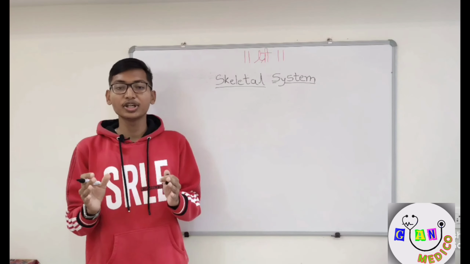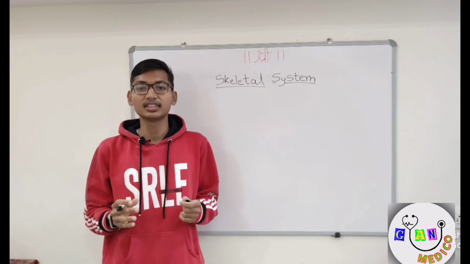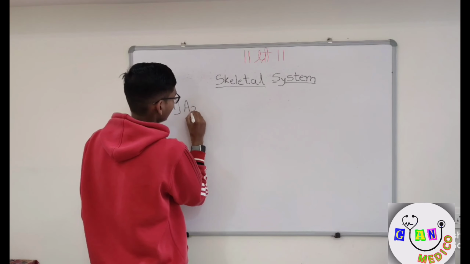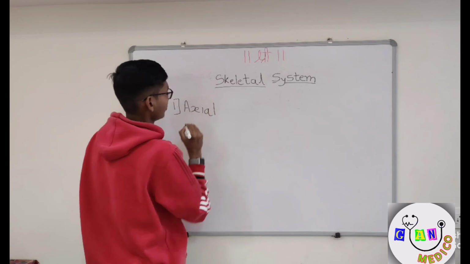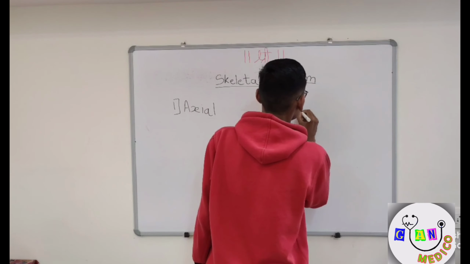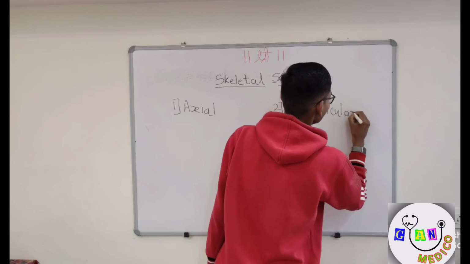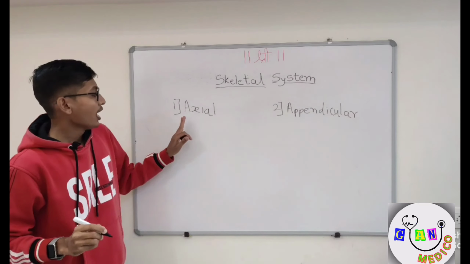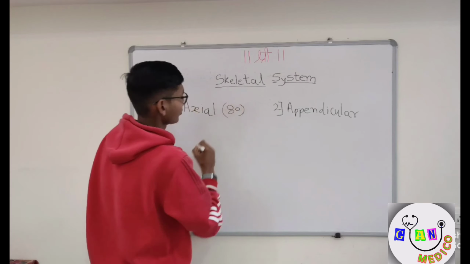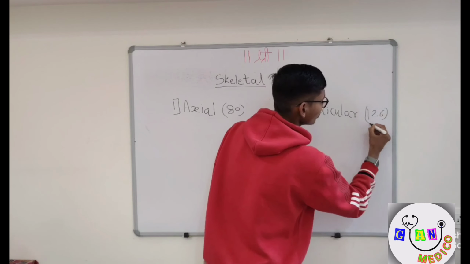Skeletal system is divided mainly into two parts: axial skeletal system and appendicular skeletal system. Axial system consists of 80 bones and the appendicular system consists of 126 bones.